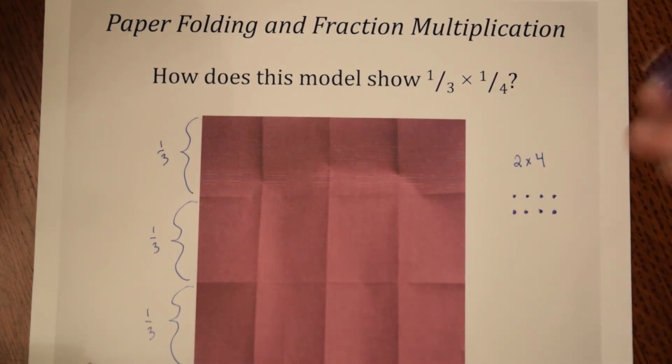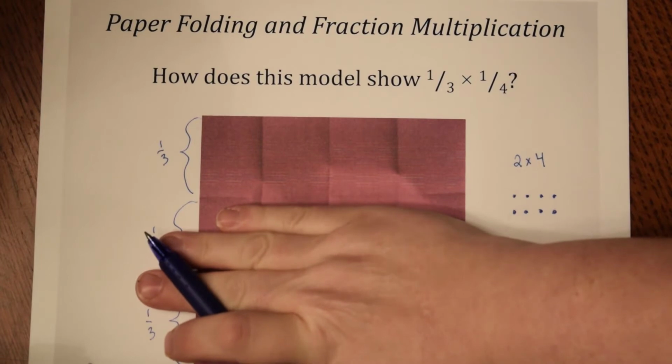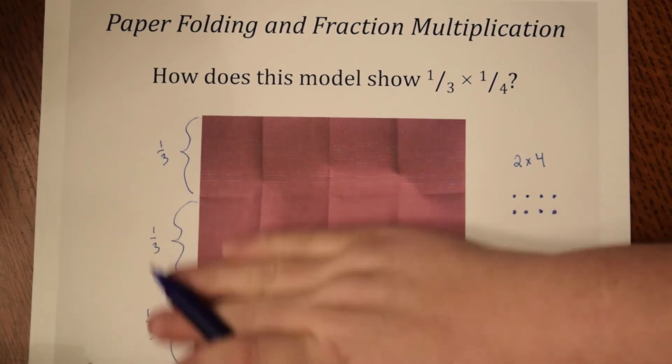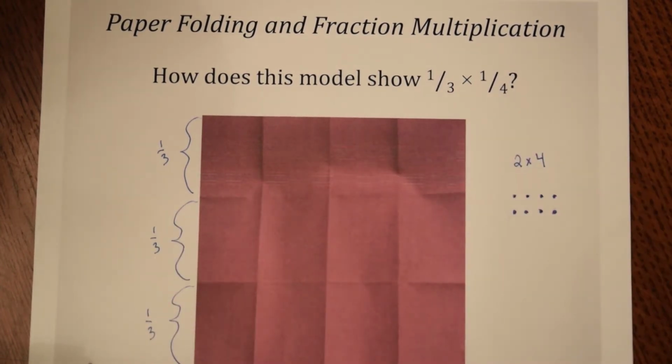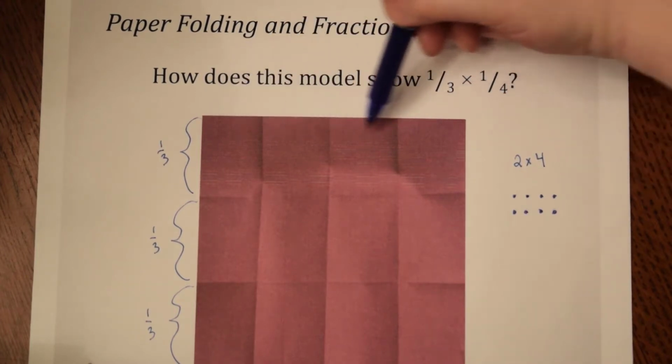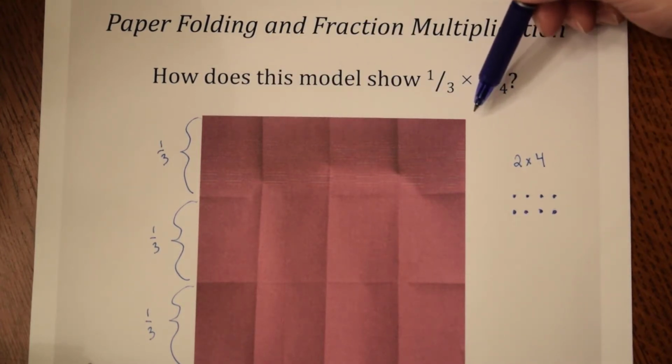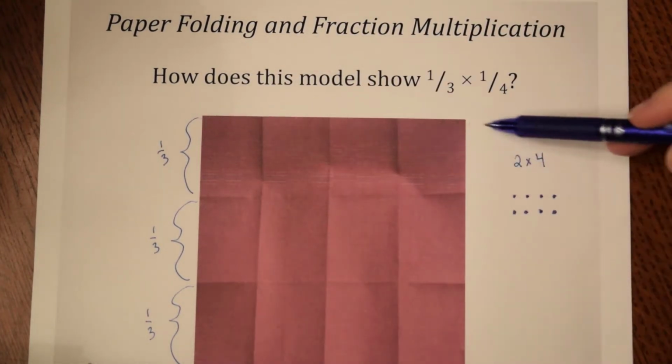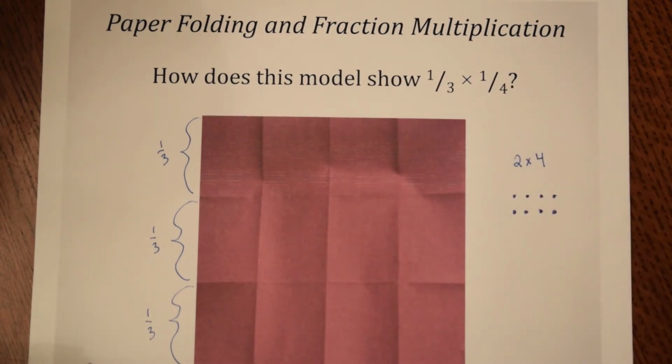Okay, so we only want 1/3 of a row, so we're going to get rid of these 2 rows. Okay. But this represents 1, right?